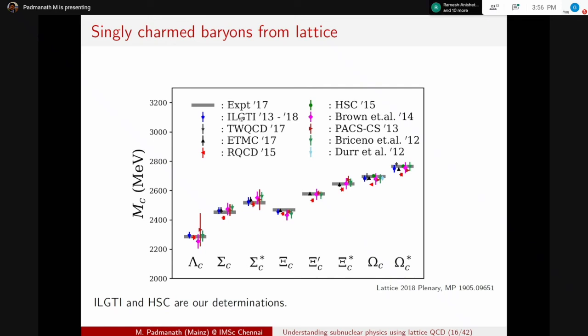Okay, this is also technical. In the ILGTI collaboration, we use overlap fermions which have leading corrections at order a squared. Basically, we only had to look for order a squared corrections, and there we see that there are order a corrections.